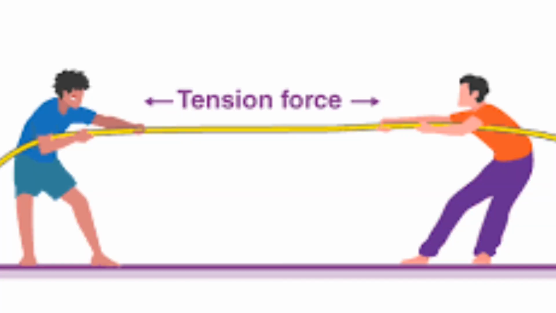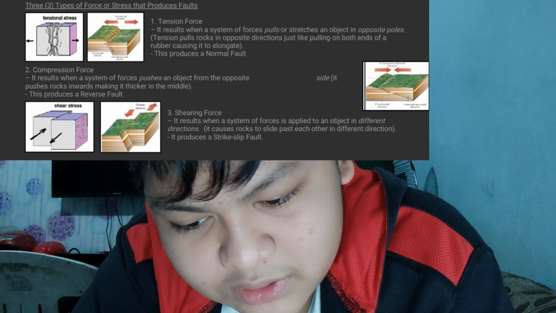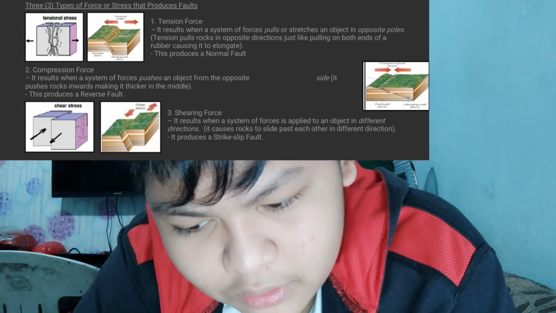So let's describe the movements of a fault. The first movement we're going to discuss is the tension force. I got my trusty tablet with me, so that's where I'm reading from. It results when a system of force pulls or stretches an object in opposite directions.